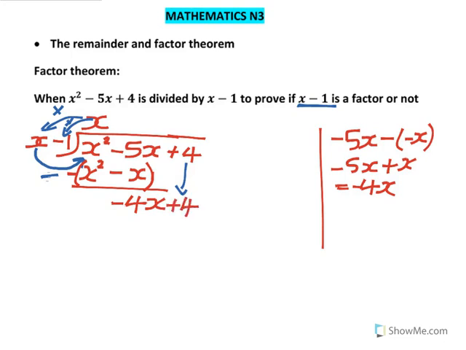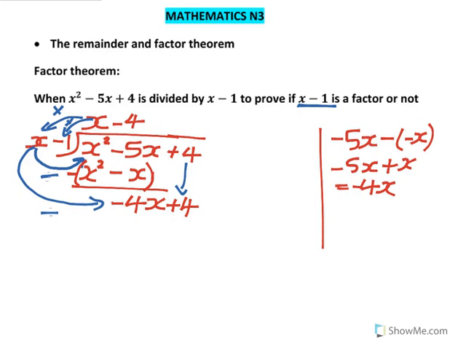Again, remember you are dividing: minus 4x divided by x, you are going to get minus 4. Then you multiply again like previously.